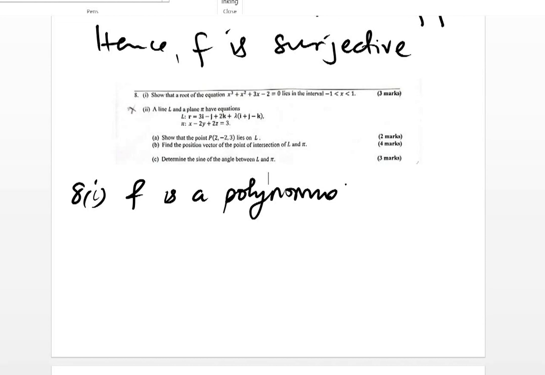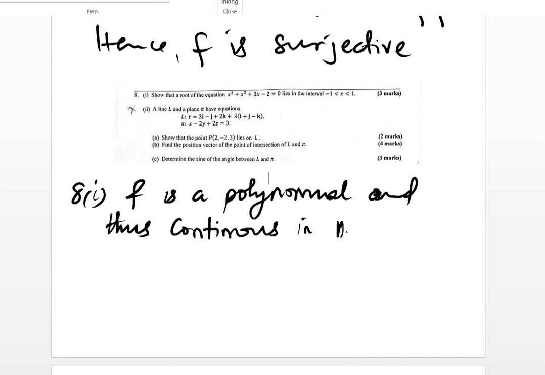Polynomial functions are continuous. It's a polynomial and thus it is continuous in R.